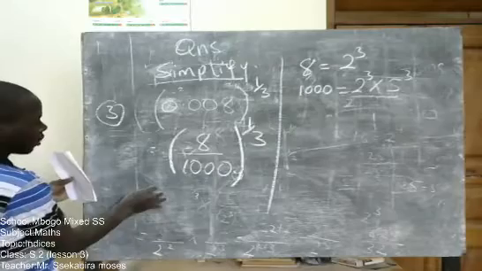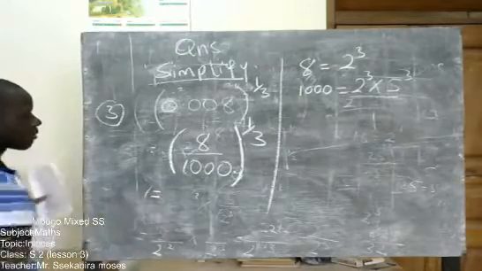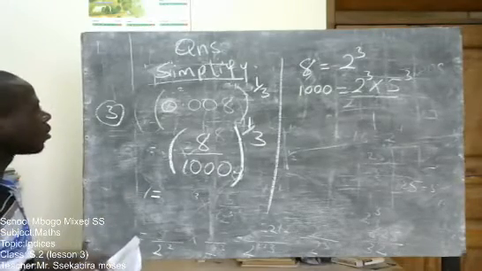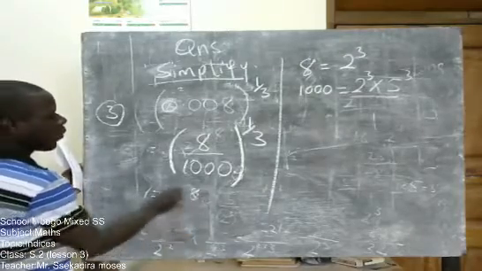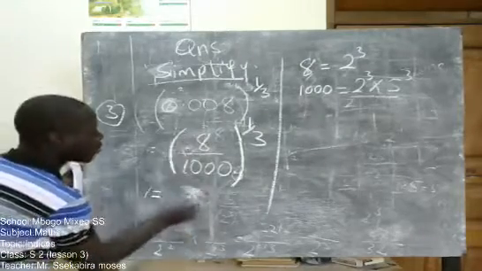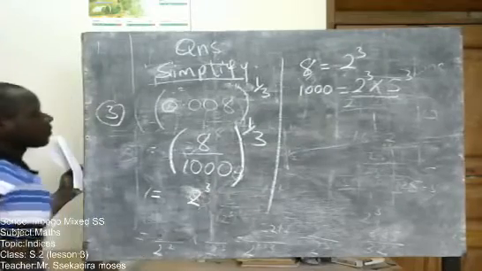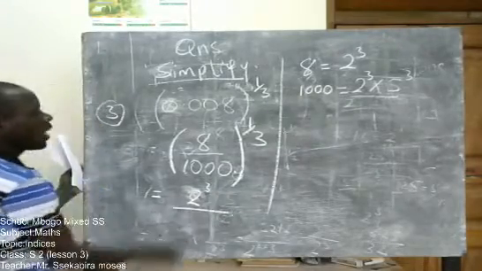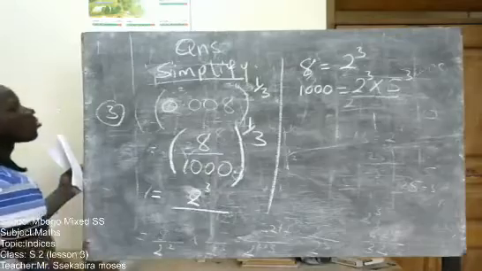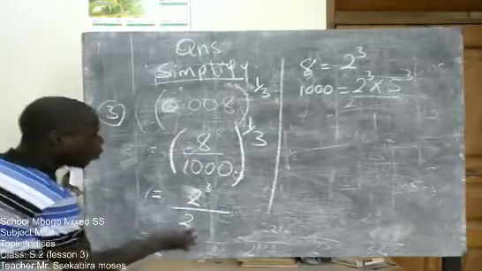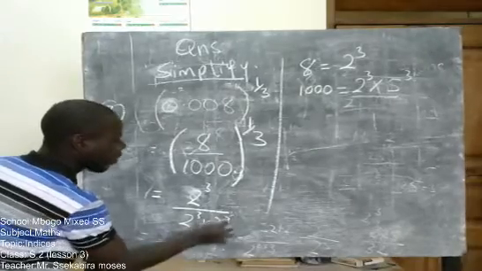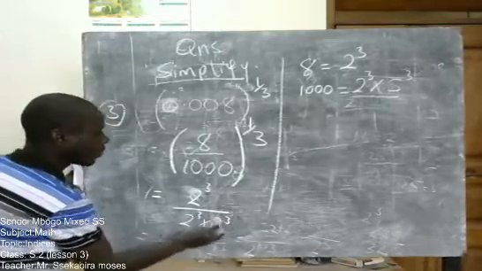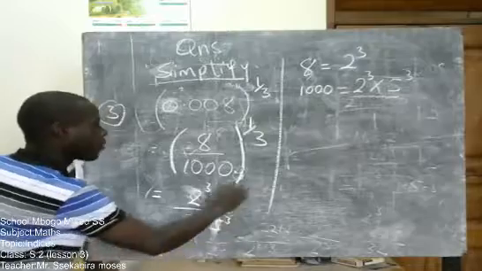We continue. What are we going to get? Where there is 8, we are going to substitute in 2 to power 3. Over where there is 1000, we are going to substitute in 2 to power 3 times 5 to power 3.